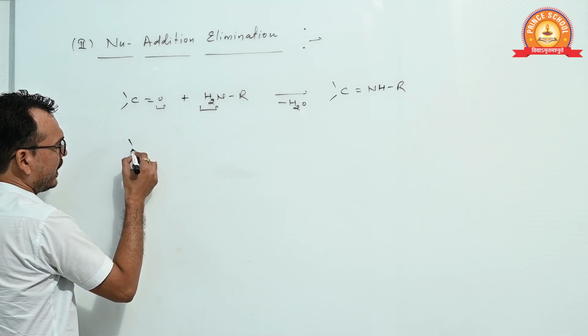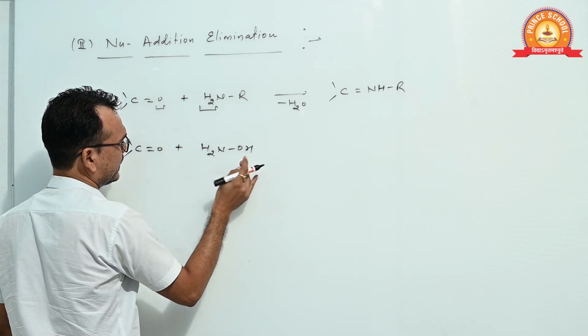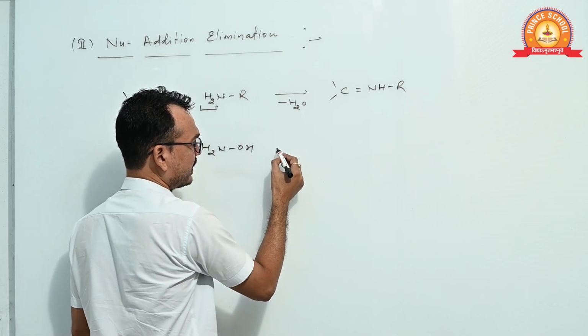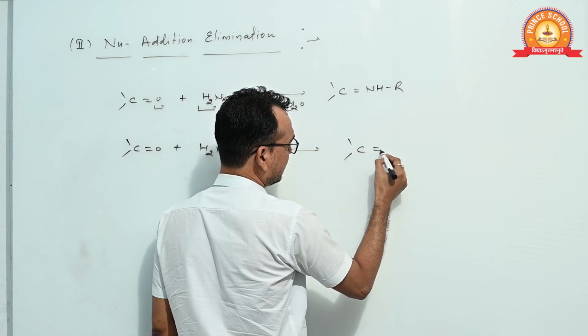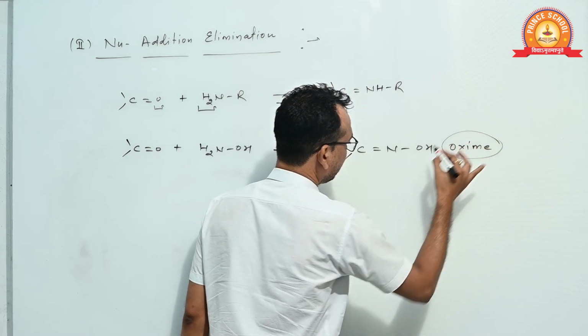Clear? And when C double bond O reacts with NH2OH, the hydroxylamine, then it gives C double bond NOH, it is called the oxime.